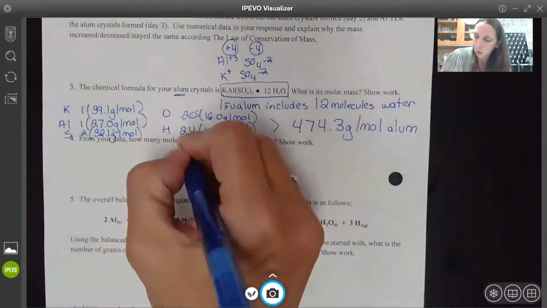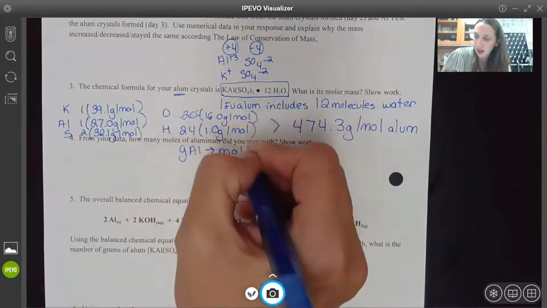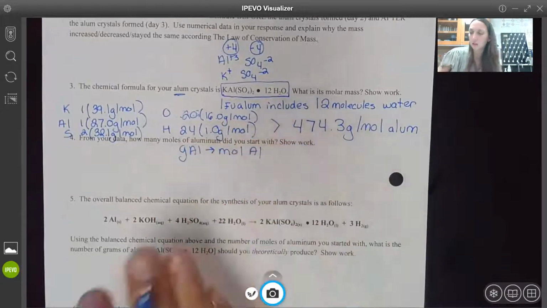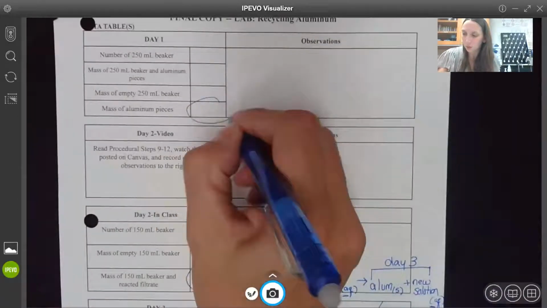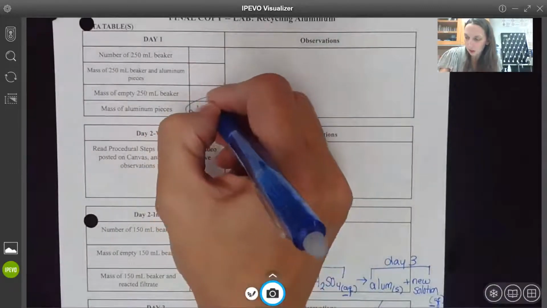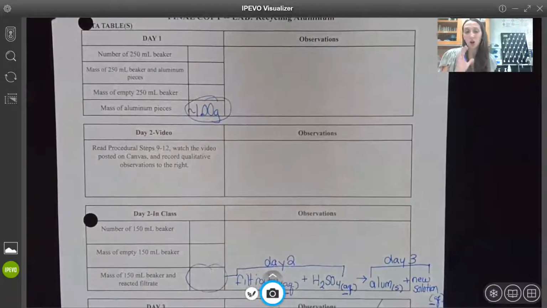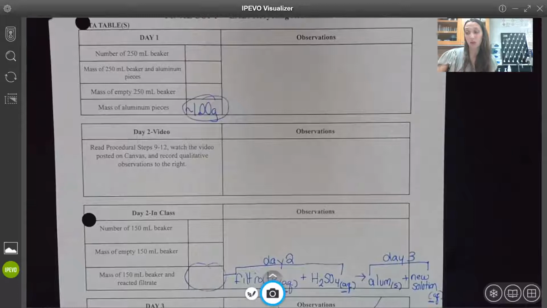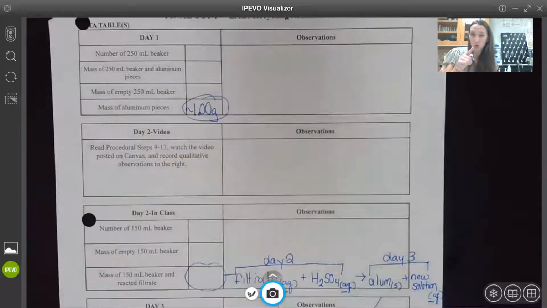So we're going to go grams of aluminum to moles of aluminum. And if you look on your data table on day 1, you know the mass of your aluminum pieces. This is close to 1 gram. I'm going to use 1 gram in my calculations. You guys use exactly what you have written here, 1.02, 1.12 grams, whatever it is for you, you use your data, not mine.